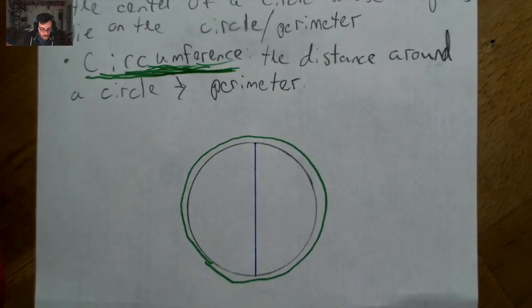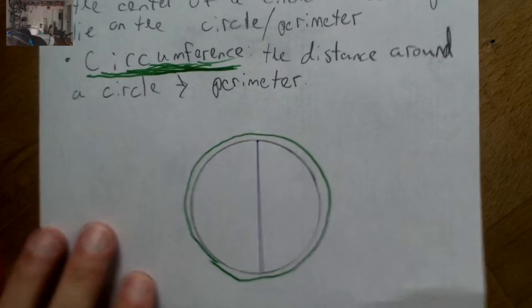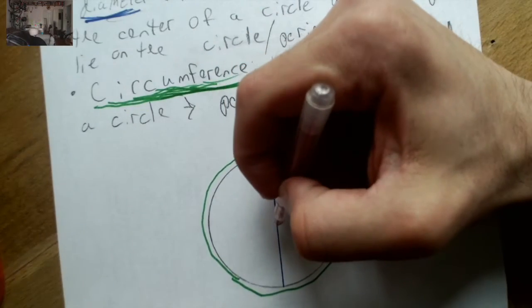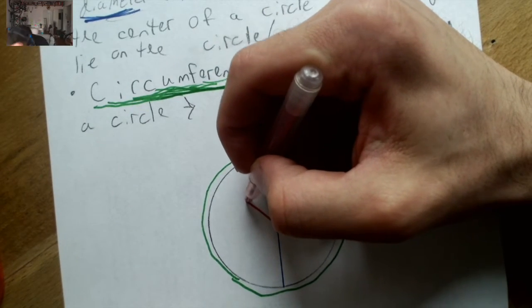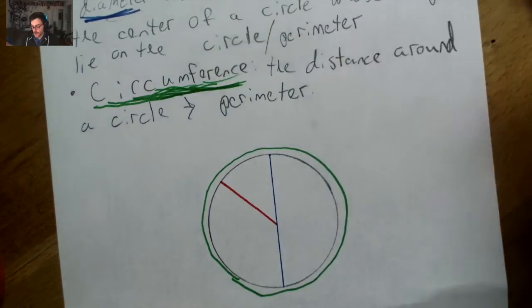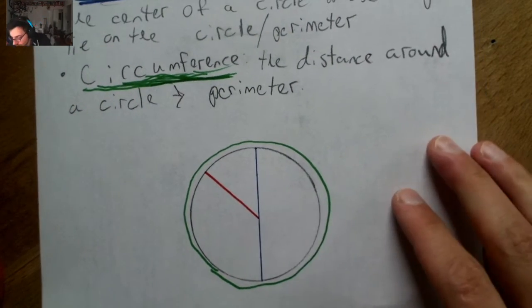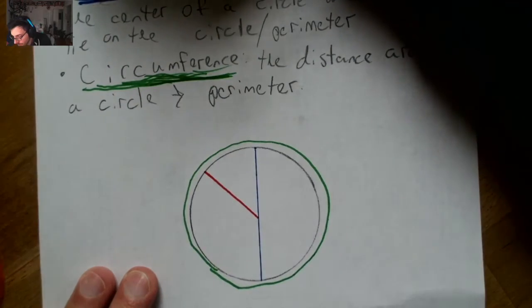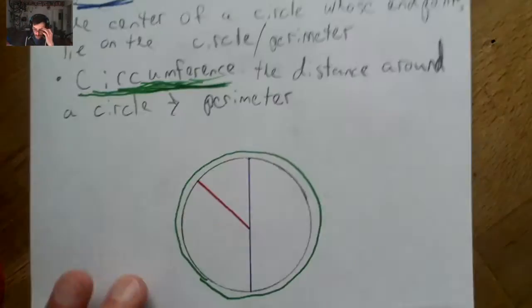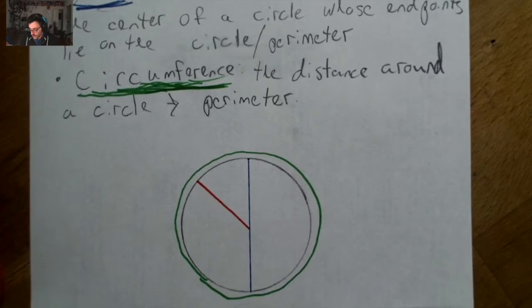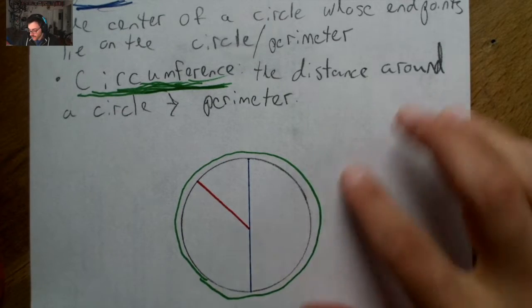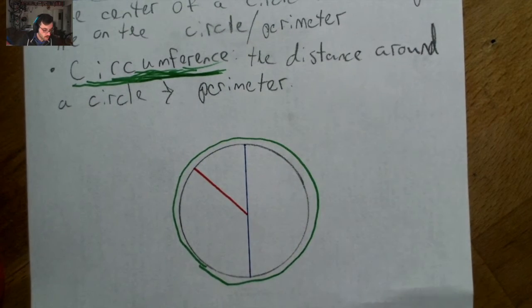And the radius is going to go from that center point to the perimeter of our circle. All right, so just to note, these angles here are going to be random. You don't have to draw them perpendicular or anything like that at all.